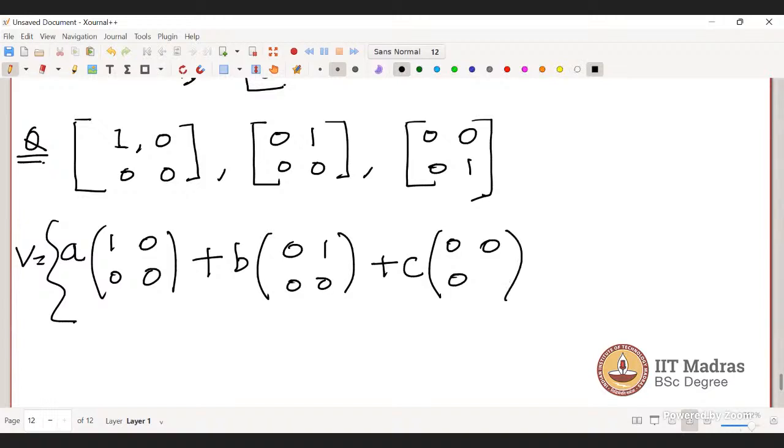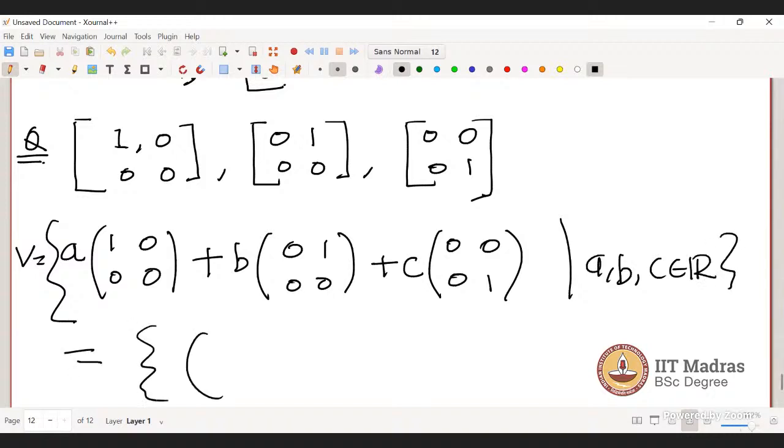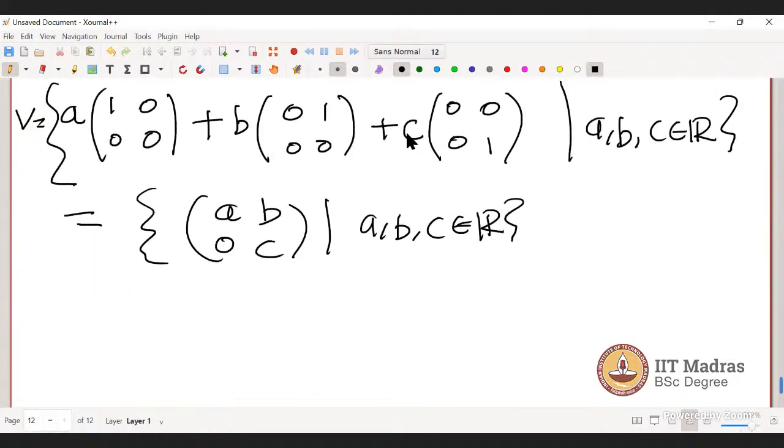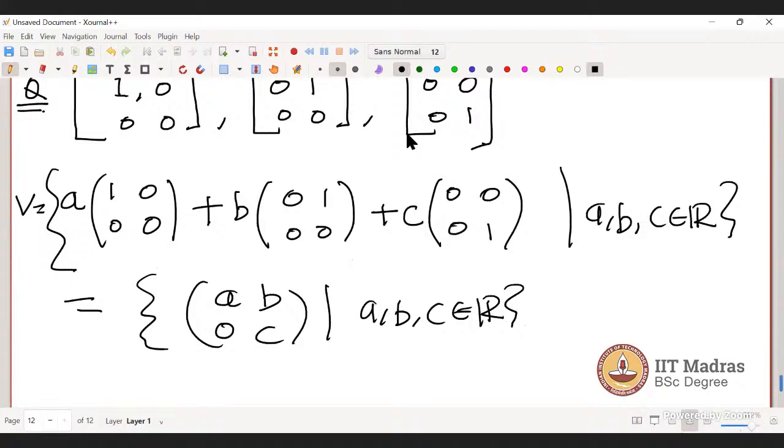If you add, basically you are getting all the upper triangular matrices, right? Yes, sir. That's why. And similarly, this is basically the same thing. You just need to compute. It's basically the diagonal matrices.